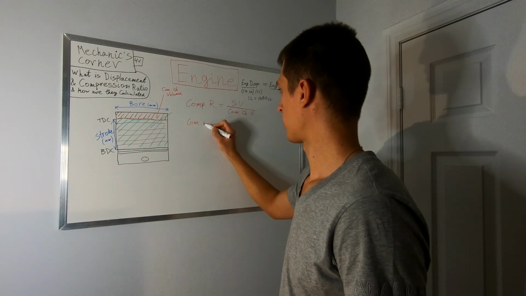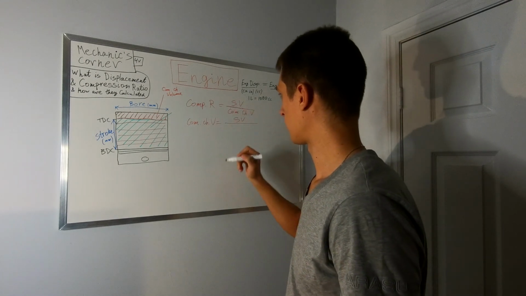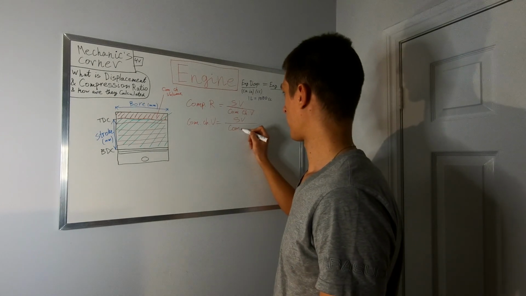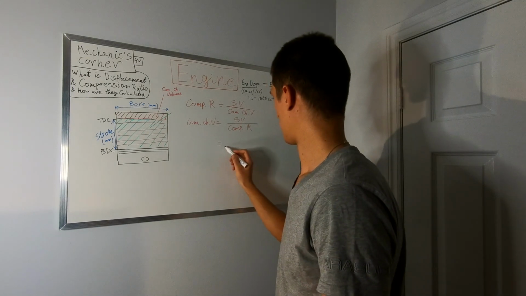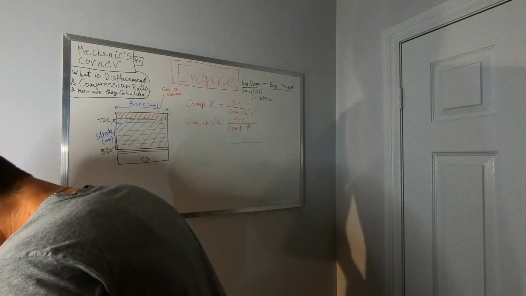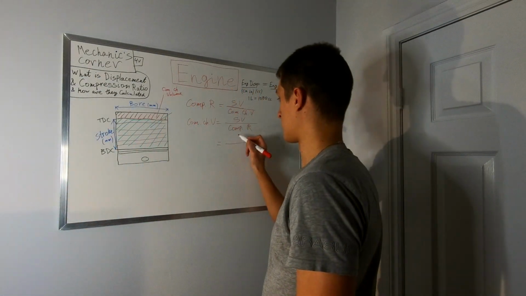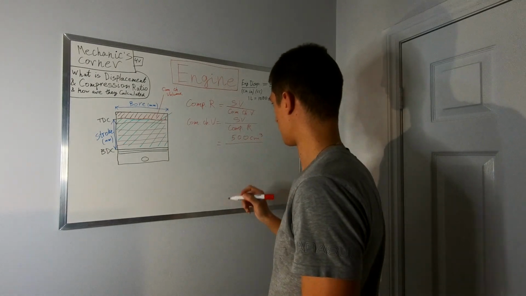So to find the compression chamber volume, we just need to divide the SV, swept volume, or the engine displacement, by the compression ratio. As we calculated, the swept volume for one of the cylinders on the Elantra was 500 centimeters cubed.